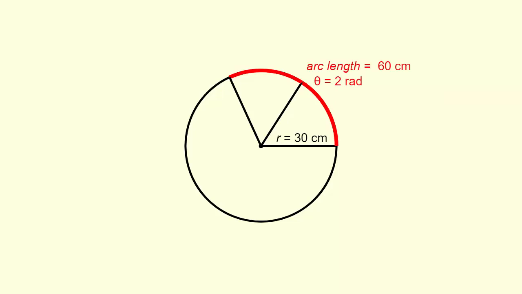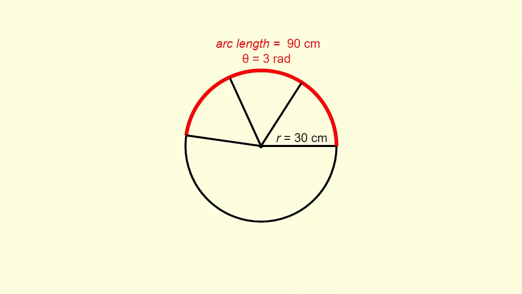If we continued and wrapped another arc length equal to the radius, we'd now have an arc length of 60 centimeters and an angle of 2 radians. Continuing and adding another arc length equal to the radius, we now have an arc length of 90 centimeters and an angle of 3 radians.